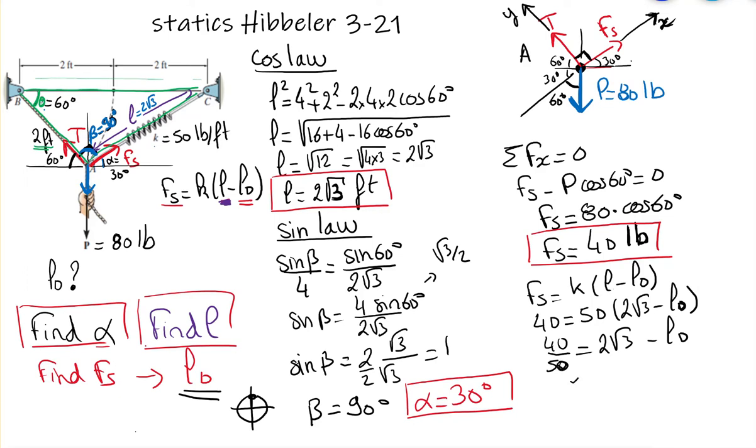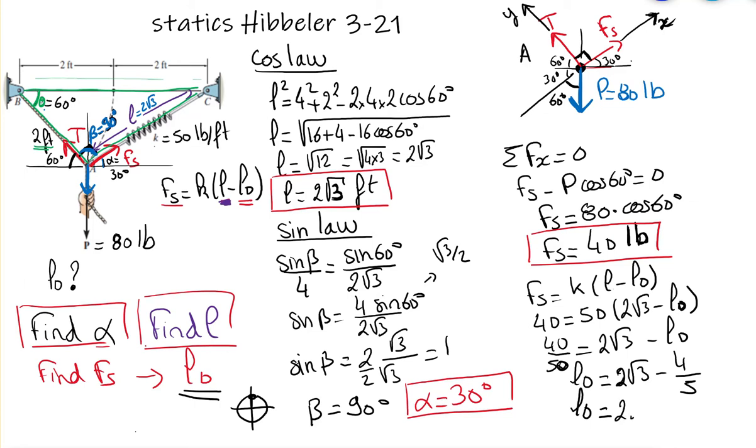So finally, L0 is equal to 2 square root of 3 minus 4 divided by 5.